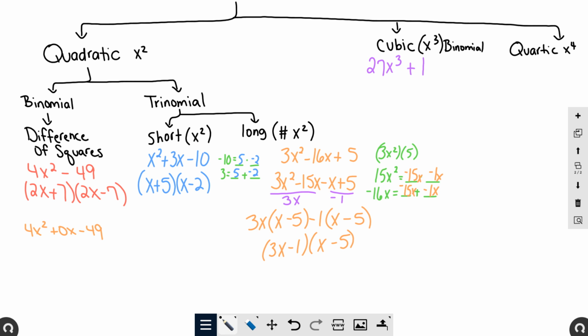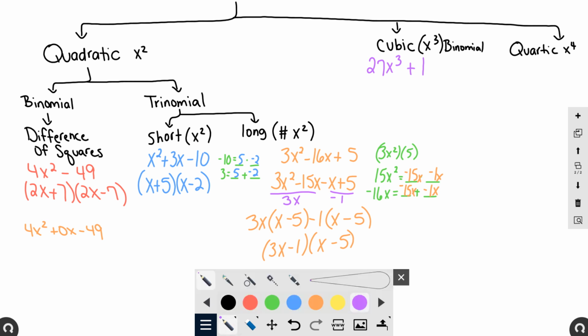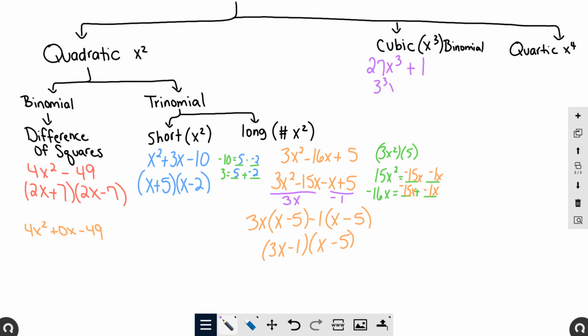All right, now, how do we start a cubic function? We need to write those as powers of 3, right? So 27 can be written as 3 to the 3rd, yep. And 1 could be written as 1 to the 3rd, yep.